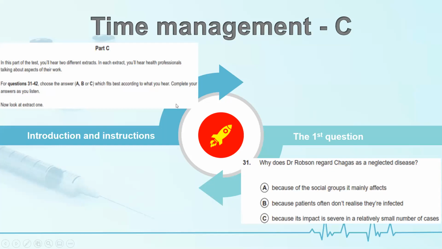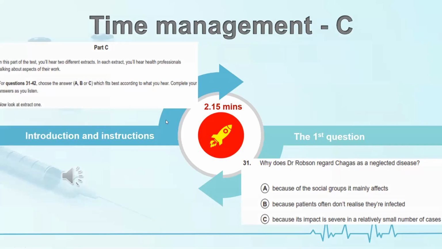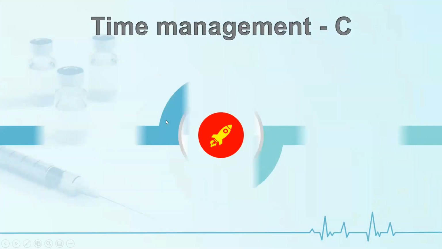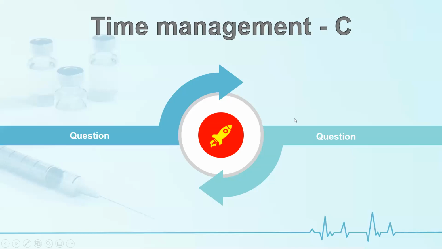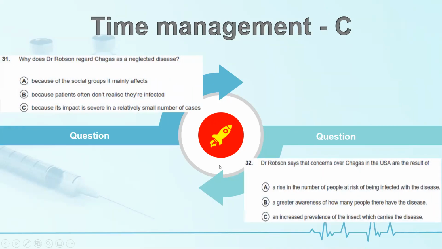So we have one time gap between the introduction and the start of the record for the first question till the end. We have about 2 minutes, and for time management between each 2 questions, unfortunately, we have no time gap. No time is allowed between each 2 questions.